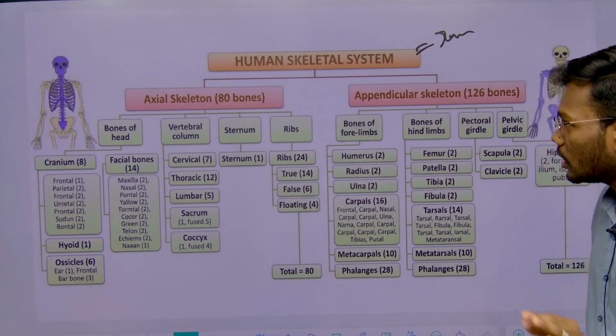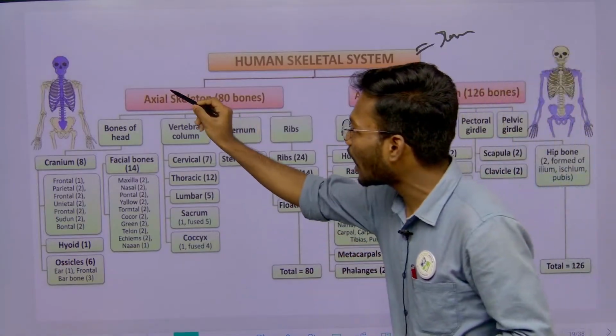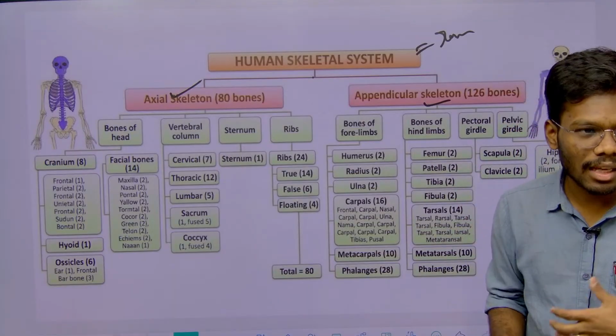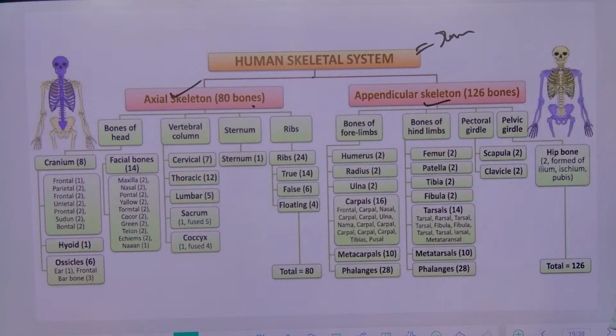Initially, this human skeleton system was classified into axial skeleton and appendicular skeleton. Axial skeleton is composed of 80 bones, whereas appendicular skeleton is composed of 126 bones. If you combine 80 plus 126, how many? 206. We have 206 bones, right?